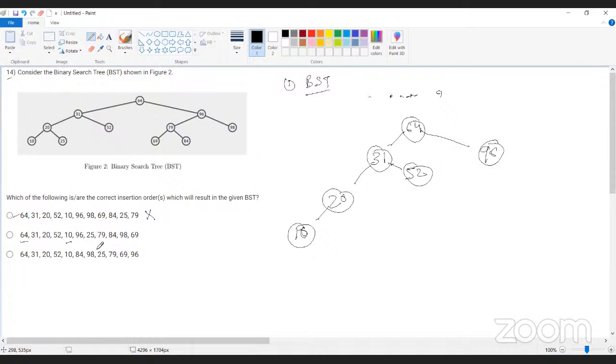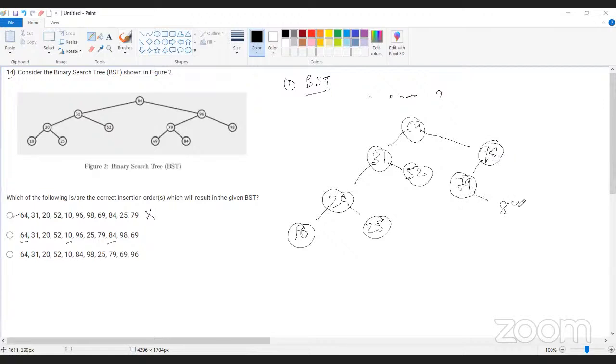Then insert 25, less than 64, less than 31, but greater than 20. Then insert 79, greater than 64 but less than 96. Then 84, greater than 64, less than 96, but greater than 79.